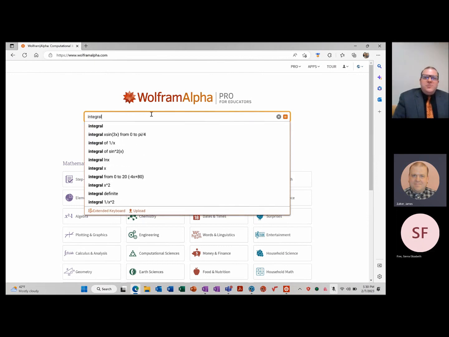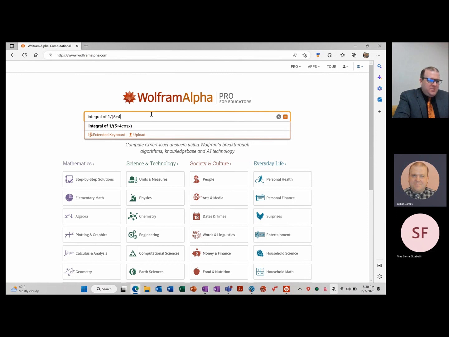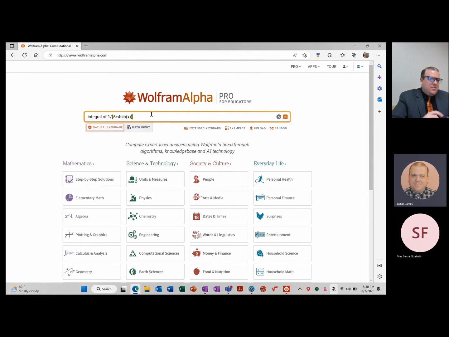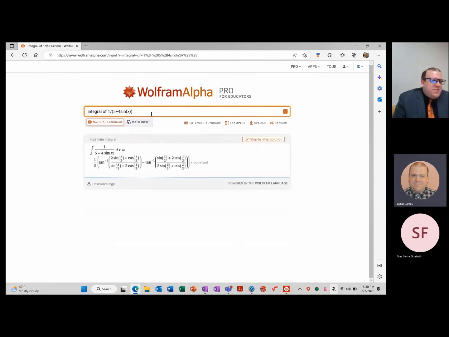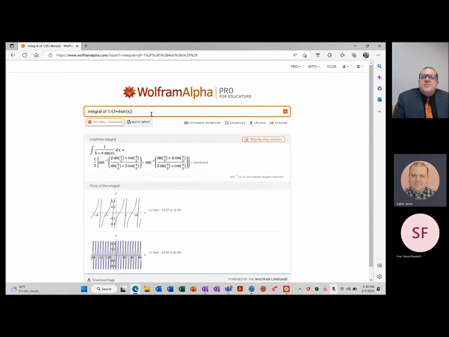So I can just do integral of, and then what was the function? It was 1 over 5 plus 4 sine x. See if it does that without me having to tell it with respect to x. It does. Right, and then that is your solution.